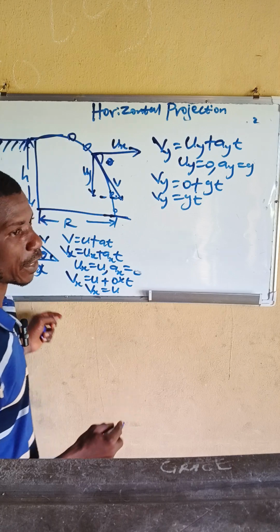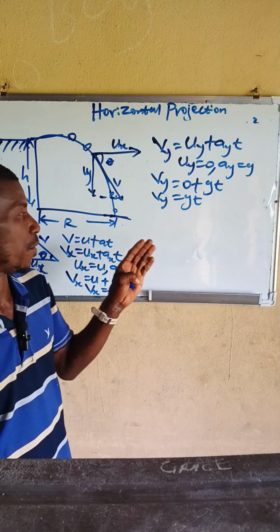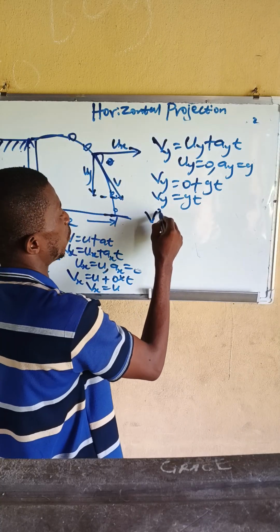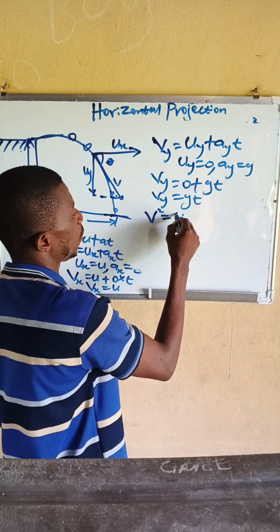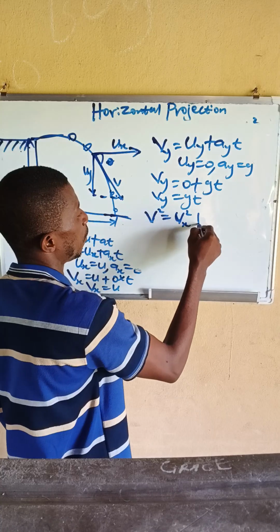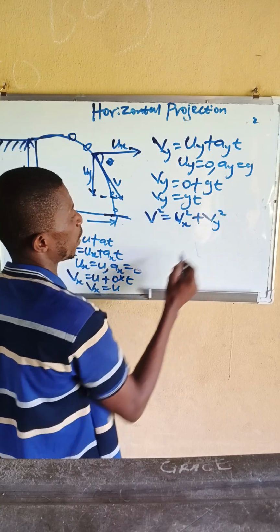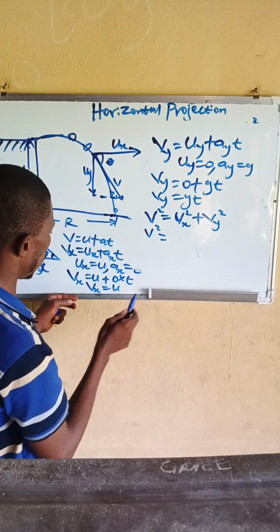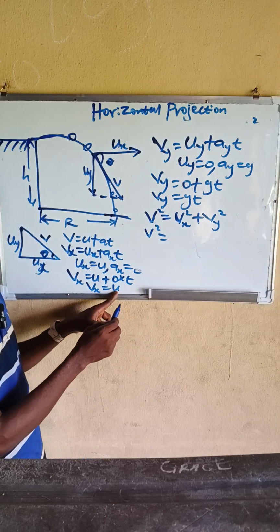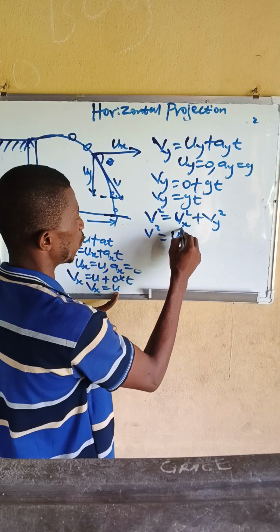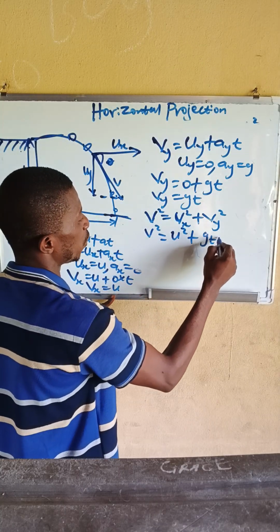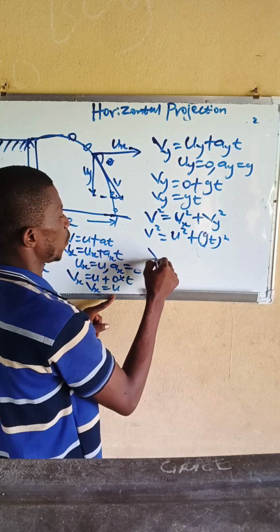Now the magnitude of the velocity, v squared, is equal to vx squared plus vy squared. Vx is u, so this is u squared plus vy, which is gt, so gt all squared. This gives us v squared equals u squared plus gt squared.